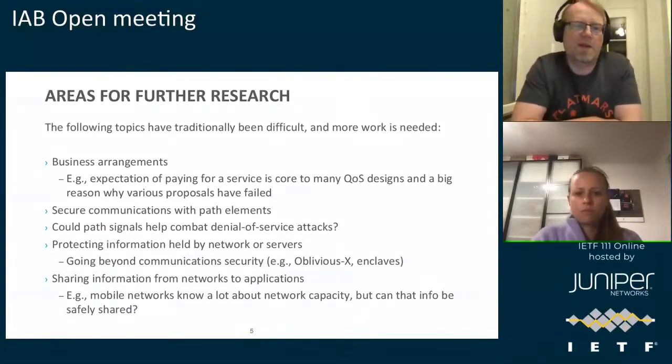One example here is that mobile networks actually know quite a lot about the network capacity and the pipe that's available for the user and how that's likely going to change in the next few seconds. But there, of course, are significant security question marks here. Like, can you actually share that information without, for instance, accidentally disclosing where the user is?